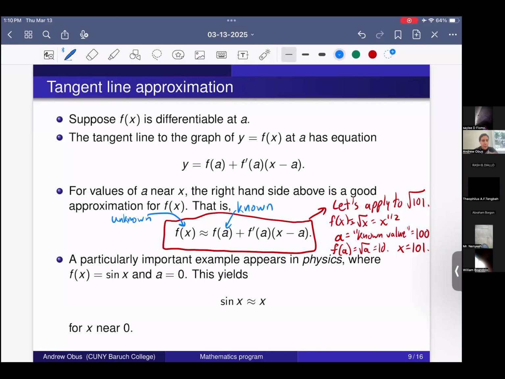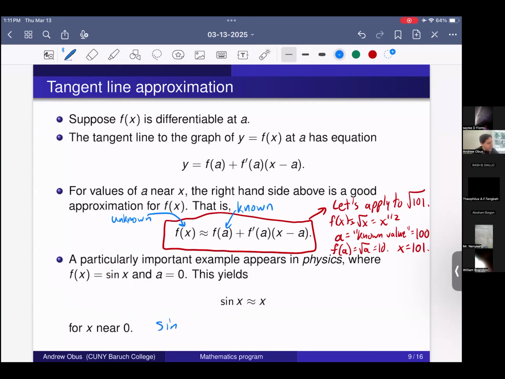Let me do this in a particular example. Let's imagine you want to evaluate sine of a very small angle. This is something that happens in physics when you're trying to describe the motion of a pendulum, for instance. So let's apply this with f of x equals sine x and a equals 0. What do we get here?